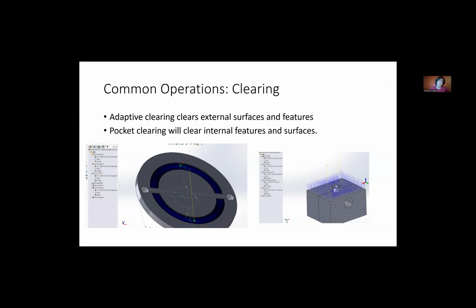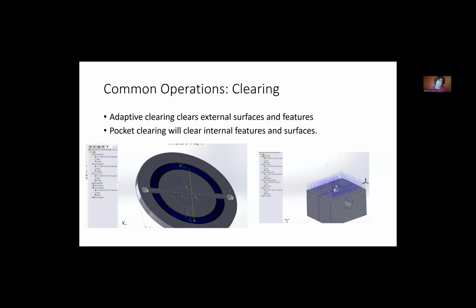You have adaptive clearing and you have pocket clearing. Adaptive clearing is when you want to clear external geometries, as you can see in the second picture there. The adaptive is on the top, doing the outside perimeter of that little cylinder sticking out of the top. Then on the left-hand side, you have a pocket clearing, which is doing an internal geometry.